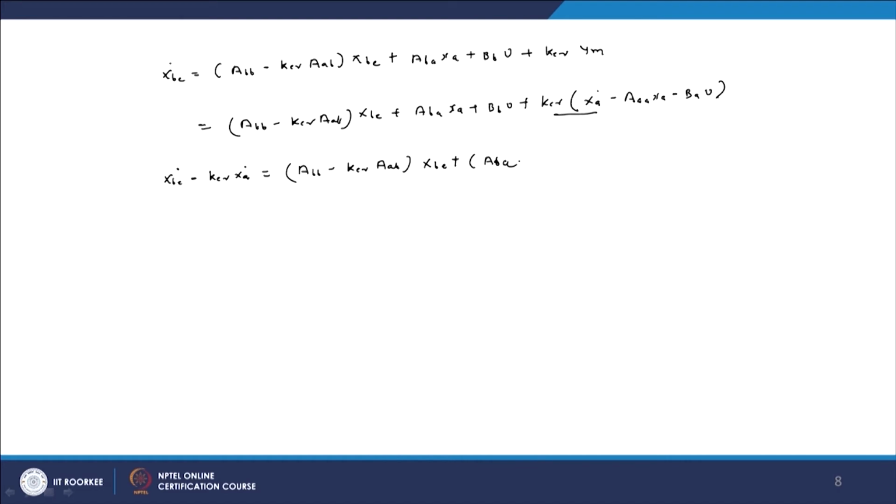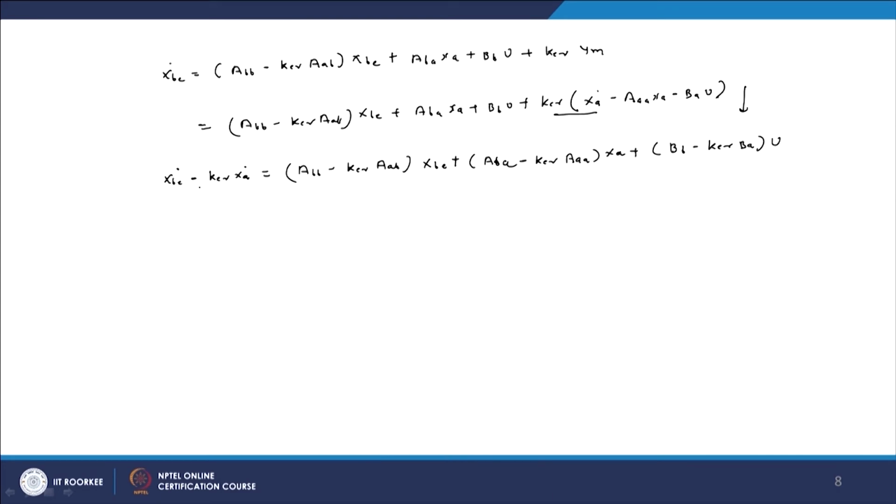So, KER into AAA into XA plus BB minus KER BA into U. So, what we have done in these equations, from this to this KER into XA dot we have moved to the left side.